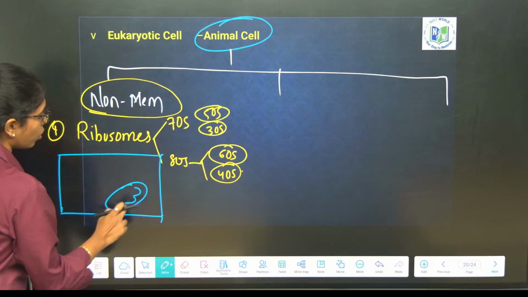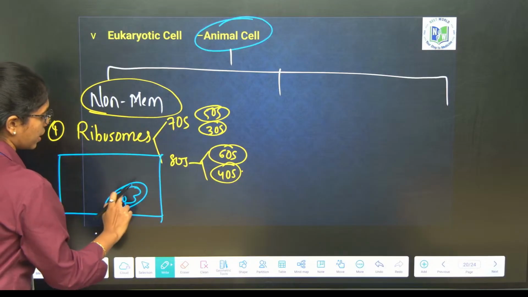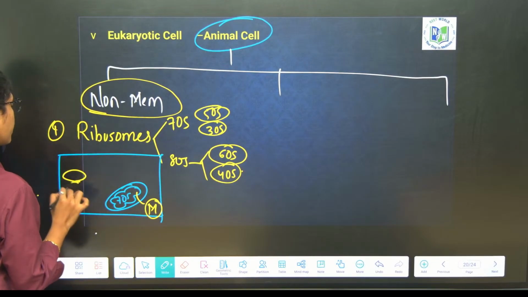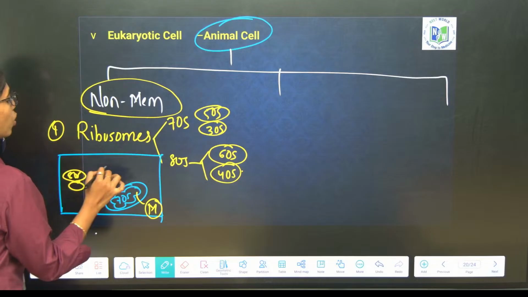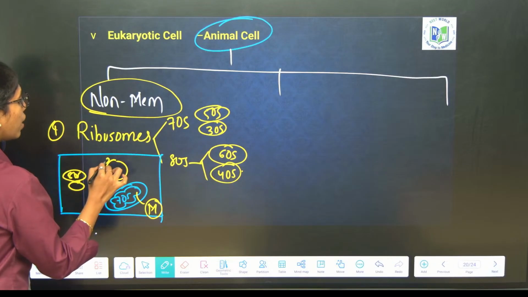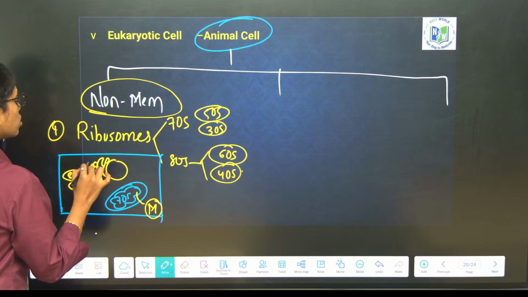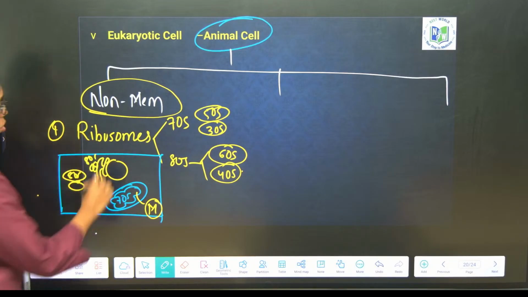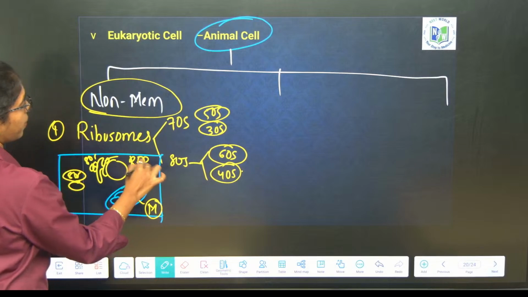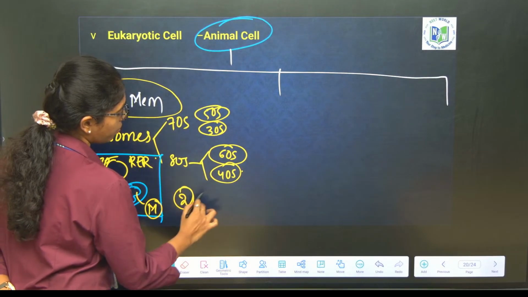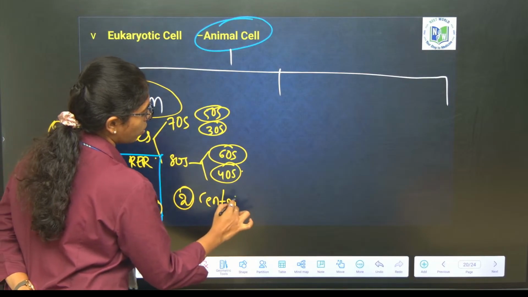In mitochondria we have 70S, and in the cytoplasm we have 80S, and over the extensions of endoplasmic reticulum, here also we have 80S type of ribosome over RER. Clear, right? And then the second non-membrane bound organelle is centrioles.